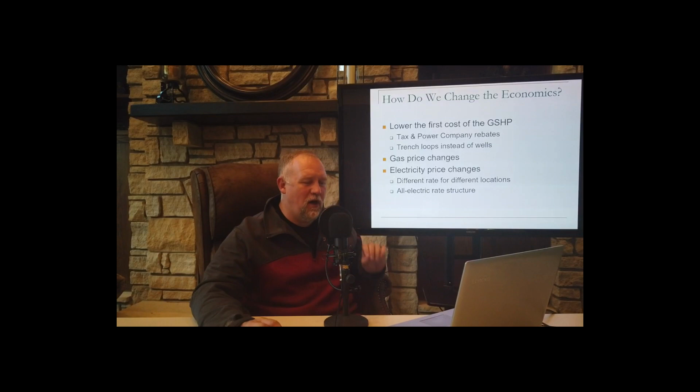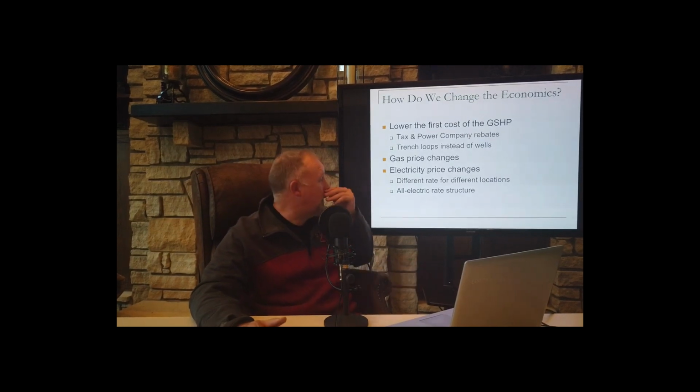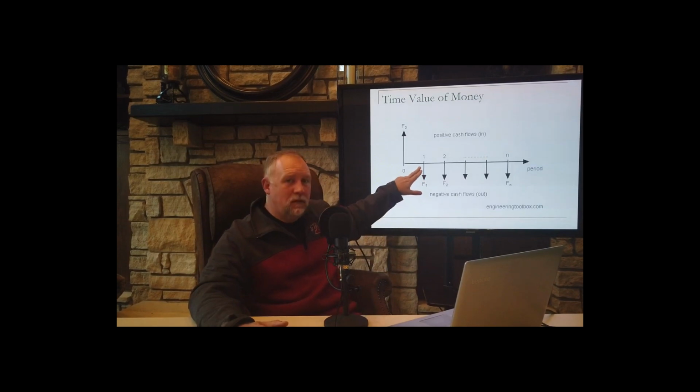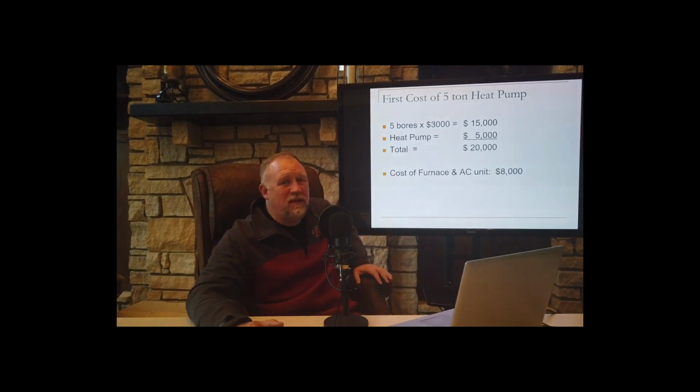To be perfectly honest, at the current rate structures, with natural gas being less than $1 and electricity going up, I would have a hard time justifying that first cost, right? I'd have a hard time justifying an incremental first cost of $12,000. That'd be hard to justify on a system this size.